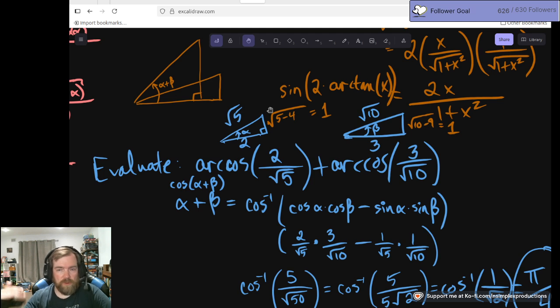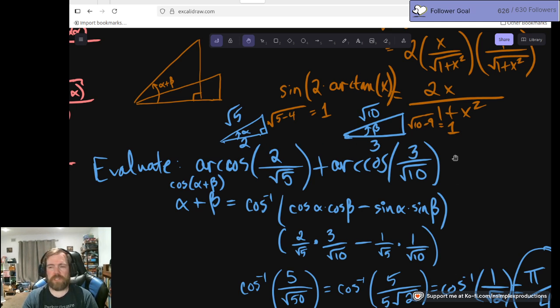So this is smaller than 45 degrees, let's say. Right, because the long side is on the bottom, which means we're not going up as far, so therefore on the unit circle it has to be below 45 degrees.